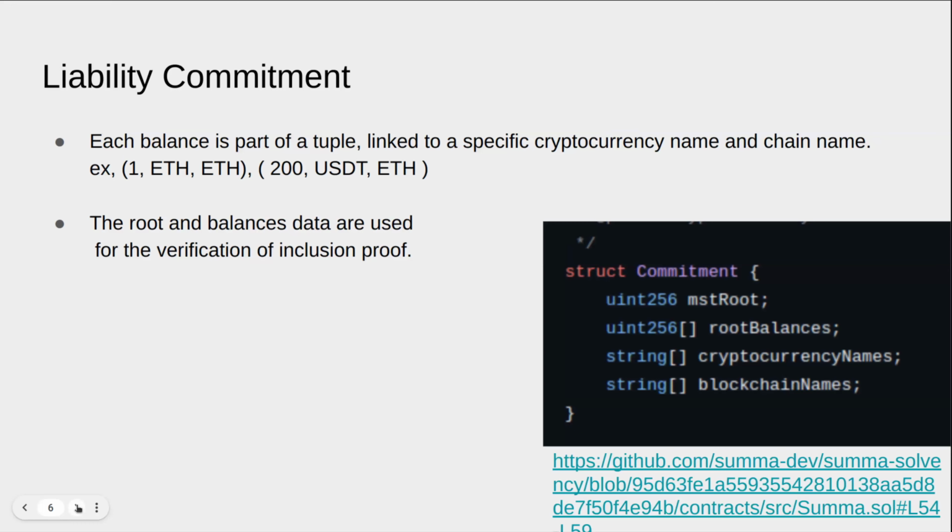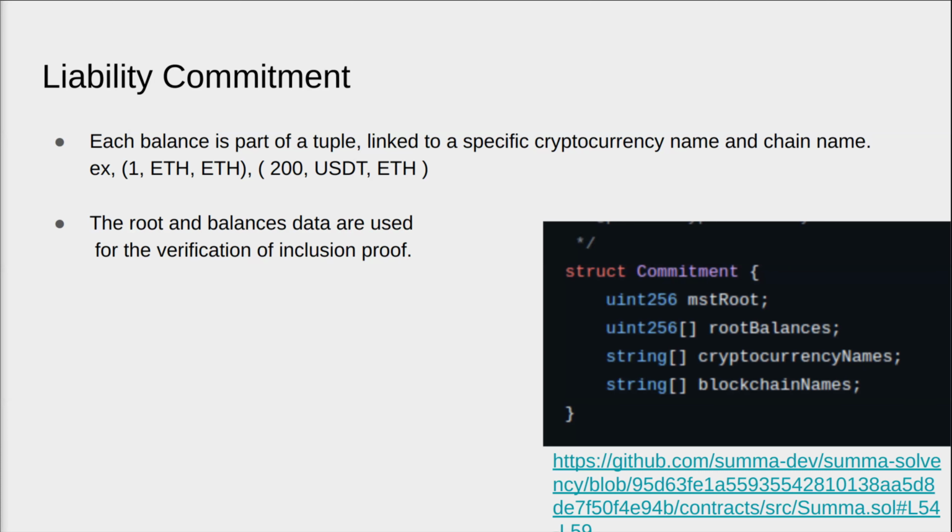Next is the liability commitment. The commitment struct also has 4 fields: the Merkle tree root, the array of balances, the array of names of cryptocurrencies, and the array of names of chains.